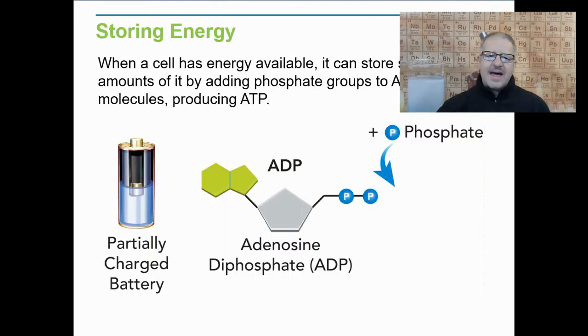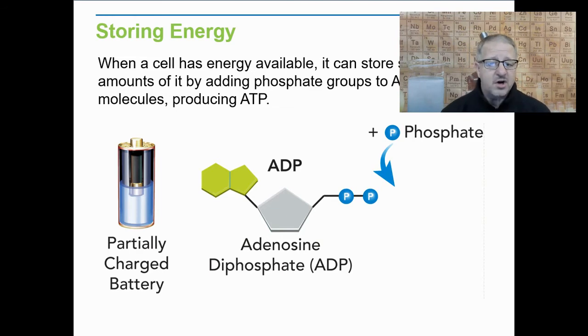Now, when a cell has energy available, it can store small amounts of it by adding phosphate groups to ADP molecules, and that makes those ADP molecules an ATP molecule. It's sort of like ADP is a rechargeable battery, and it is what powers the machinery of the cell. So why would we think of comparing ADP to a partially charged battery instead of a fully charged one?